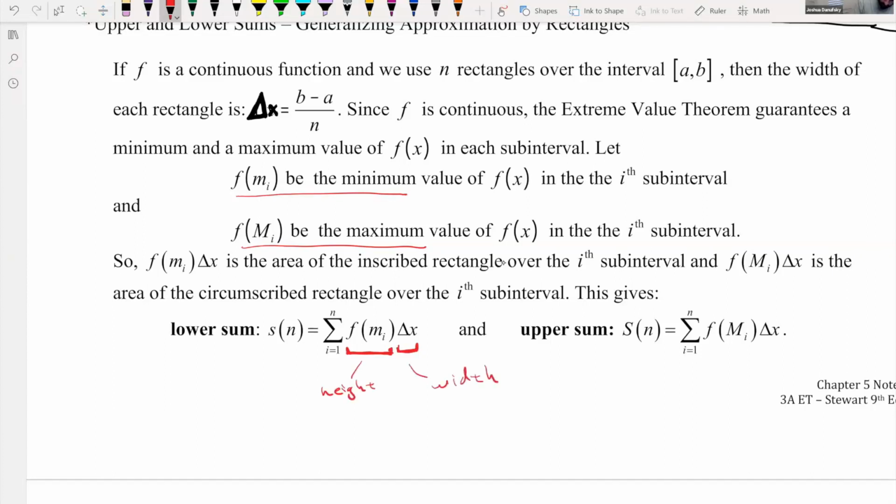And because we're using the minimum values on each of our subintervals, we're getting the lower sum. And over here, we're using our maximum value on the subinterval times the width, and that's giving us our upper sum. And so that's the idea with upper sum and lower sum.